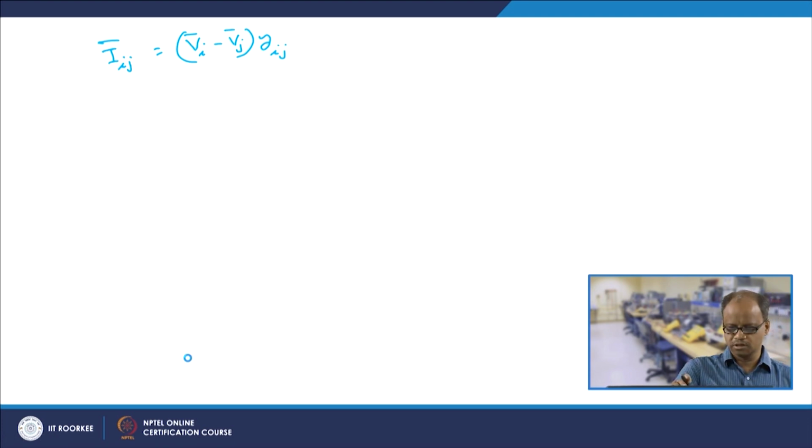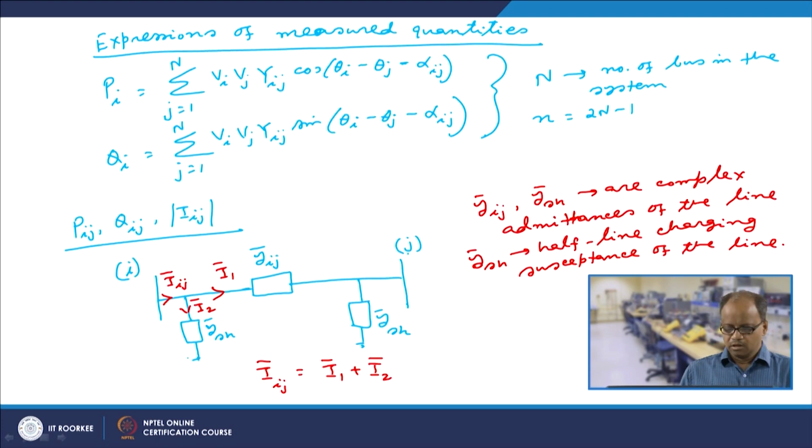Then I1 is actually (Vi minus Vj) into Yij. Vi, Vj are the complex voltages. This has a voltage Vi, this has a voltage Vj.